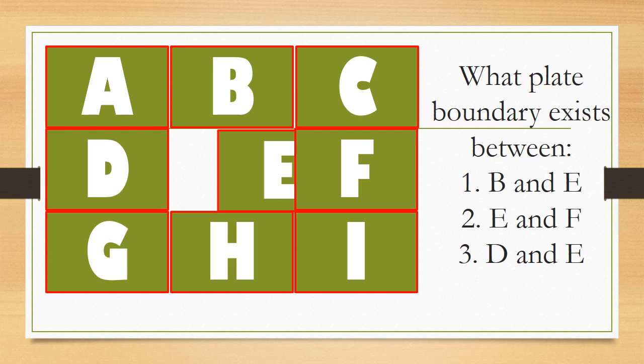Since E moved towards F, what lies between them is a convergent plate boundary. How about the plate boundary that exists between blocks D and E? Since E moved away from letter D, a divergent plate boundary exists between these two blocks.